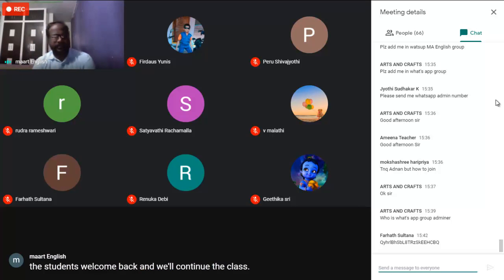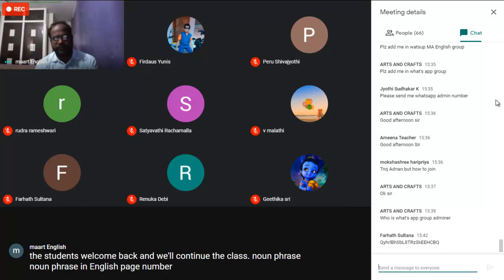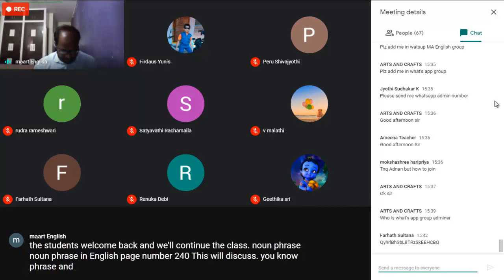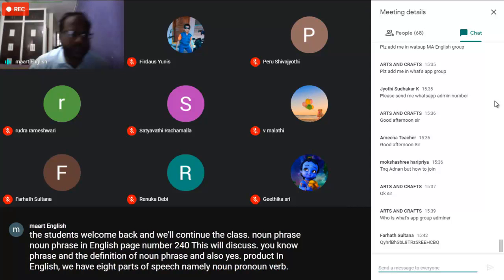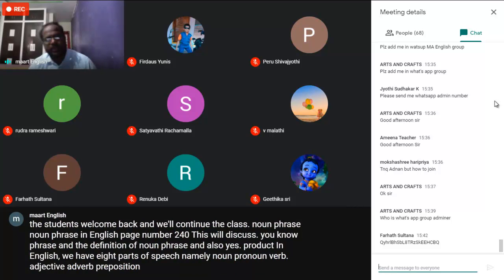Noun phrase in English, page number 240. This will discuss the noun phrase and the definition of noun phrase. You know that in English we have 8 parts of speech, namely noun, pronoun, verb, adjective, adverb, preposition, conjunction, interjection, right?